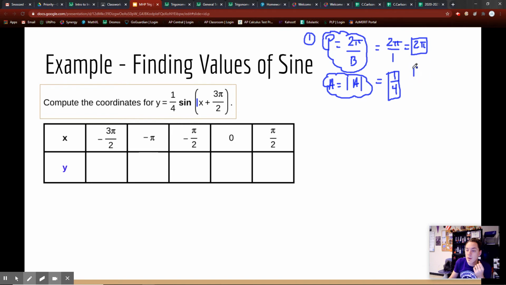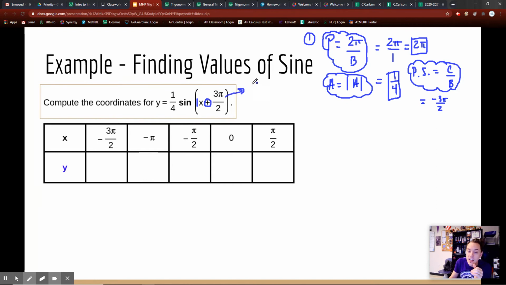And then I also want to find the phase shift, and that equals C all over B. Be careful, in this case my C value is actually negative 3 pi all over 2. Why is it negative? Because my normal trig functions have a built-in negative.